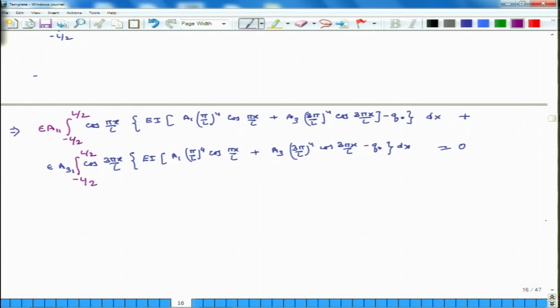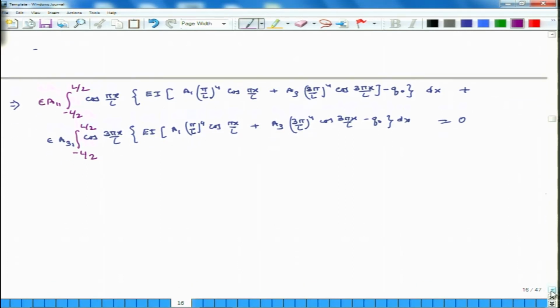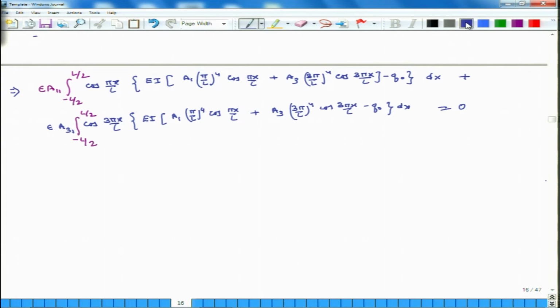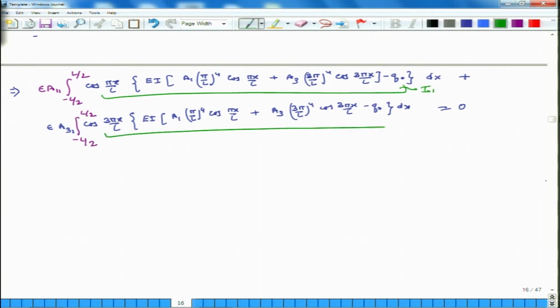I call this entire integral I1 and this entire integral I2. So, essentially what I get is epsilon A11 I1 plus epsilon A31 I2 is equal to 0.